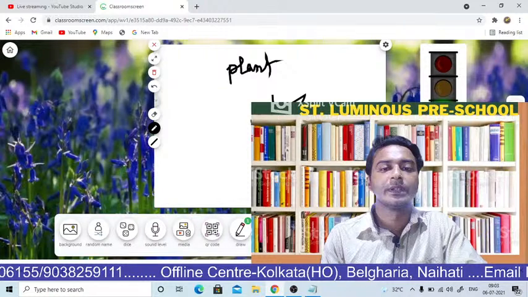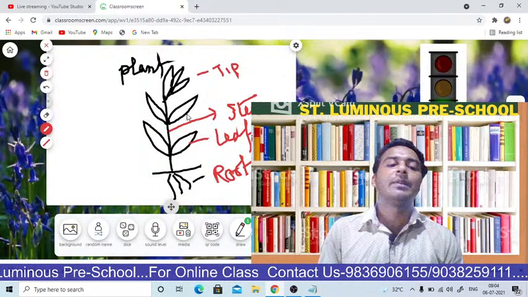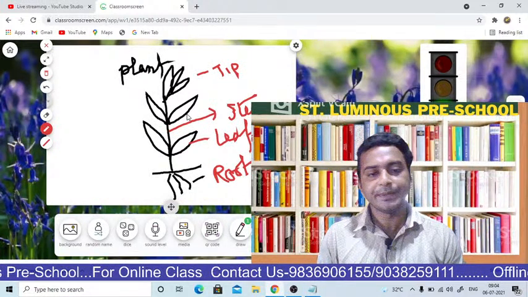And this portion is called the stem. And you also look here, this is a plant body. This is called the leaf, and this is the tip portion of the stem. Look at the stem. The stem is the upper part of the plant body and the root is the lower part of the plant body.